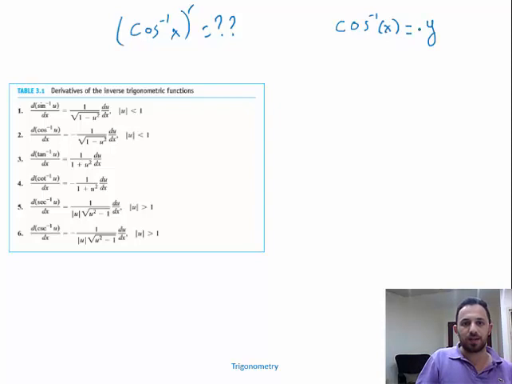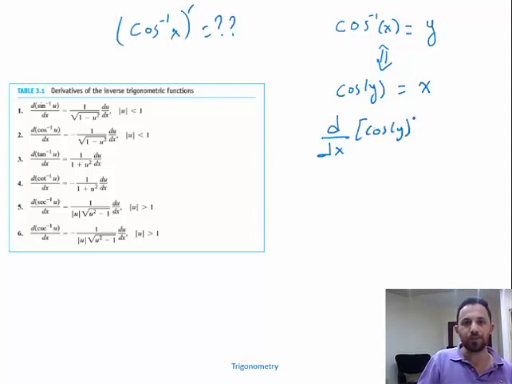Then this equation is equivalent to cosine y equal to x. Now I can differentiate both sides. Derivative of cosine y equal dx by dx.